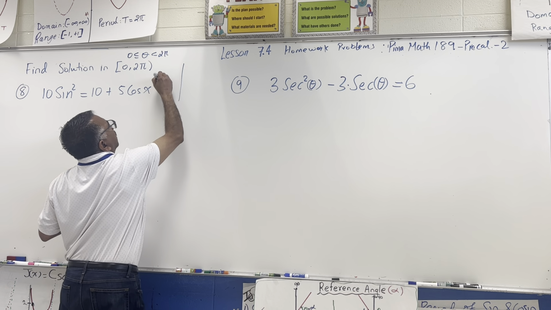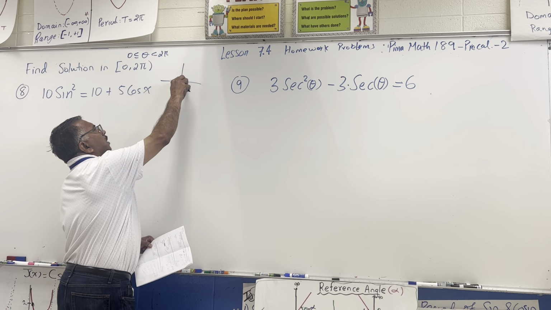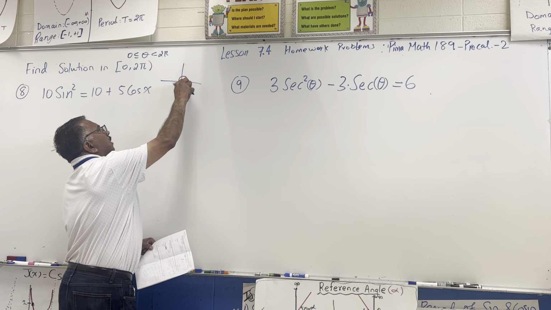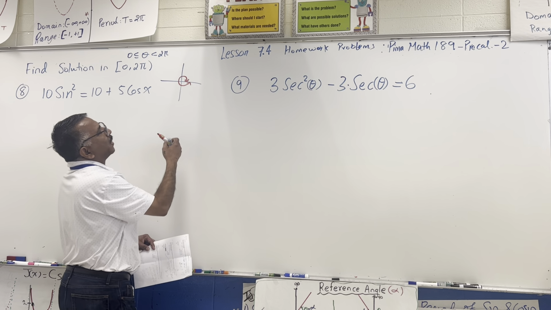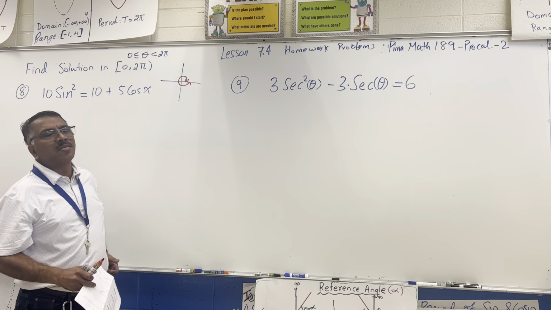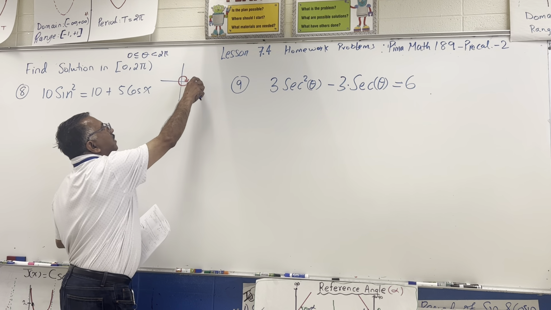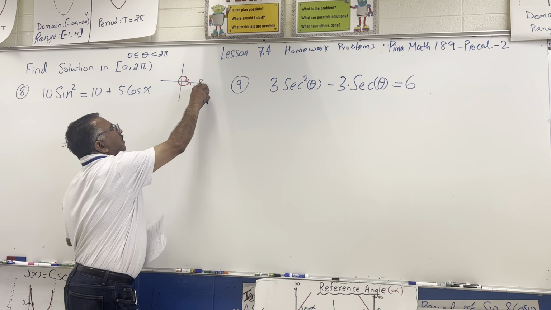So anything from here until here: this is included, but this is not. When you go back around, 0 is included, but 2 pi is not.